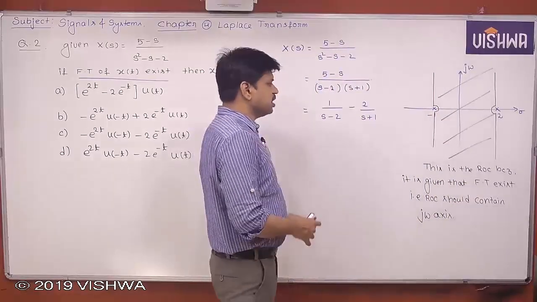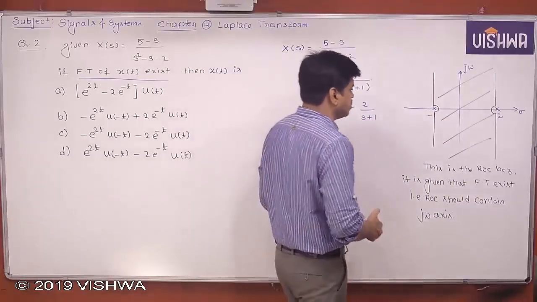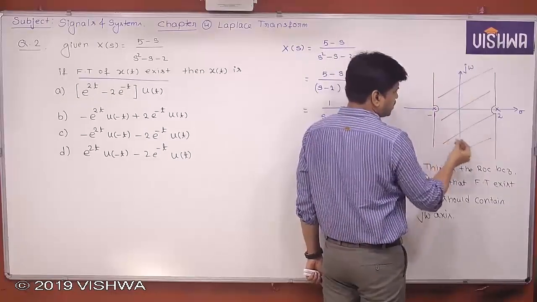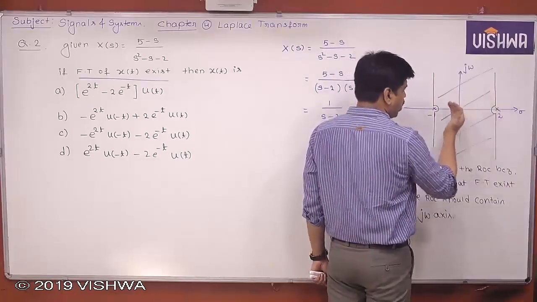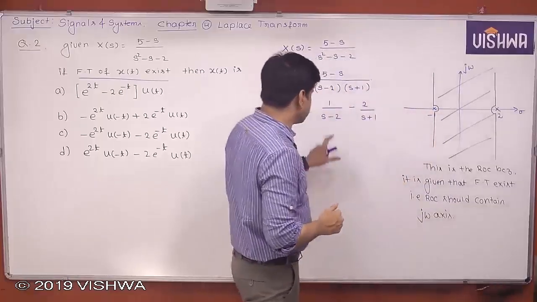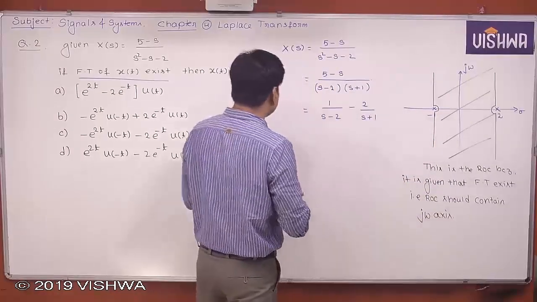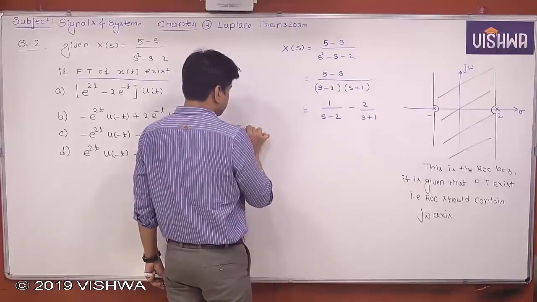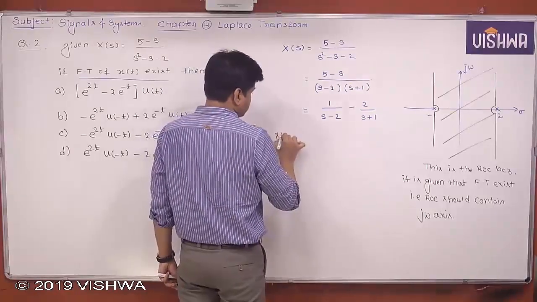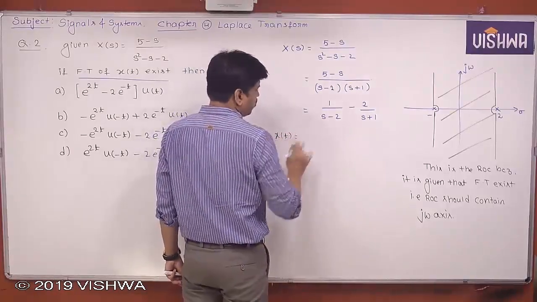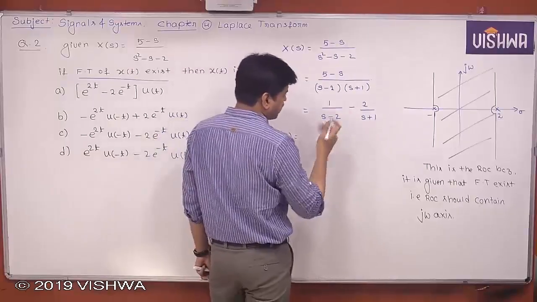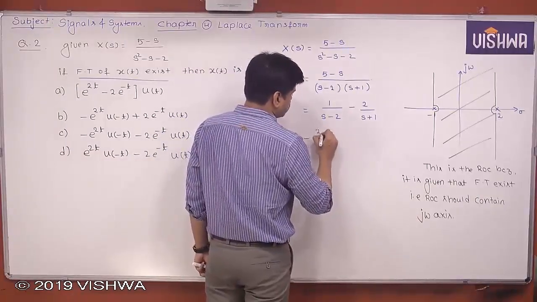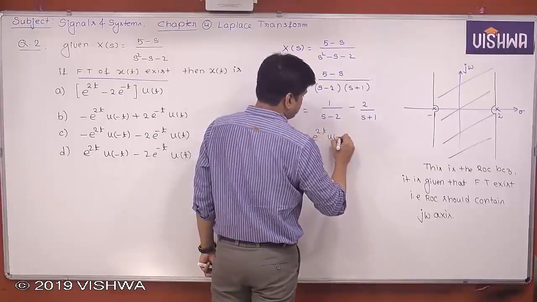So let's see. If I consider this as the ROC, for the pole at -1 we have to write the right side signal, and for the pole at 2 we have to write the left side signal. So if I take the inverse Laplace transform, x of t is equal to, for this one, a left sided signal, so it is going to be minus e power 2t u of minus t.